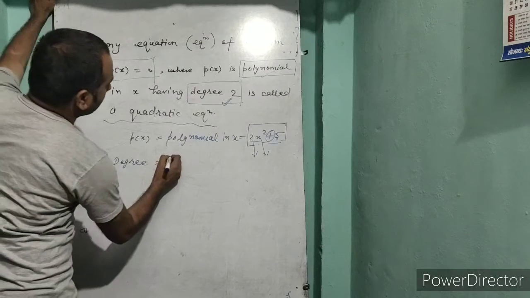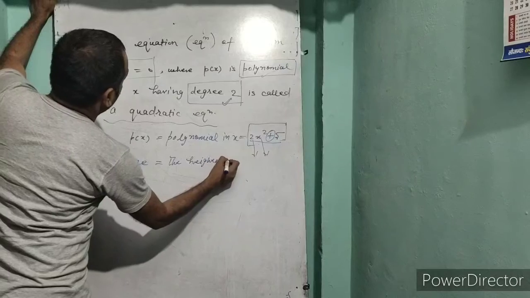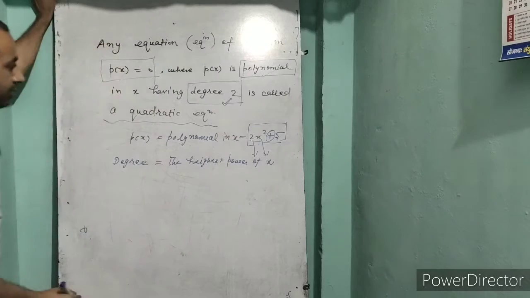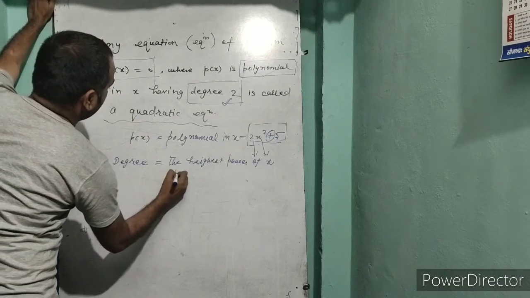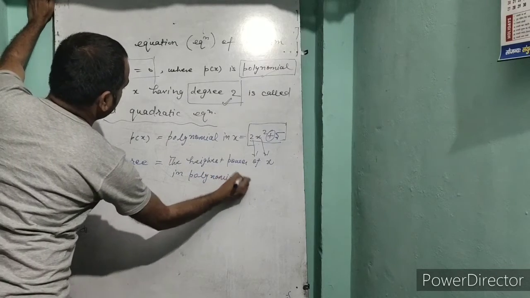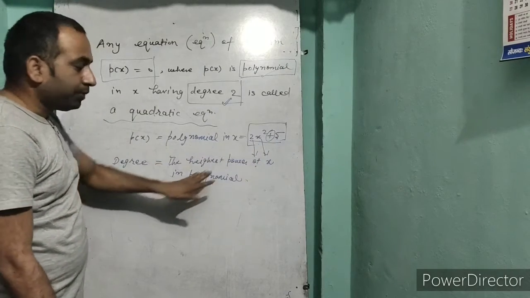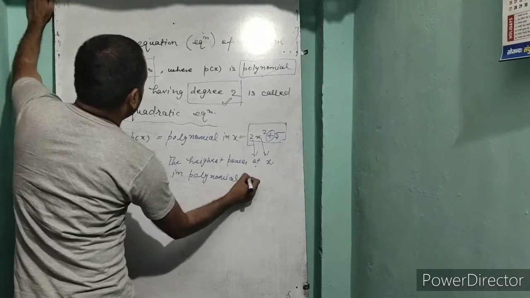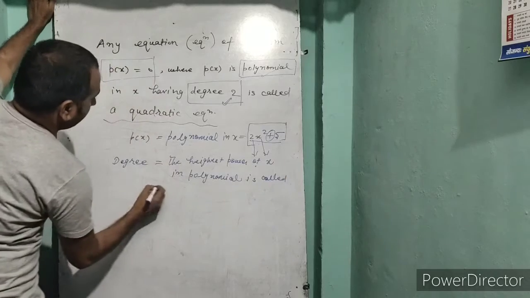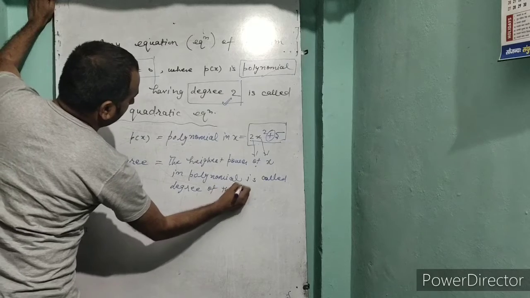The highest power of x in the polynomial is called the degree of the polynomial.